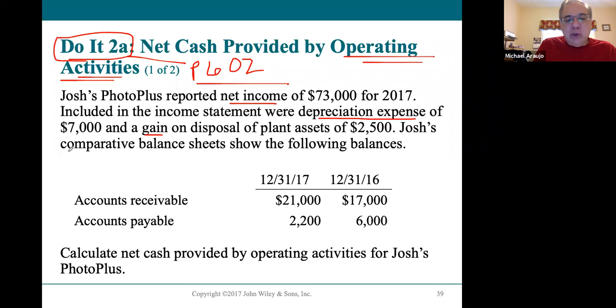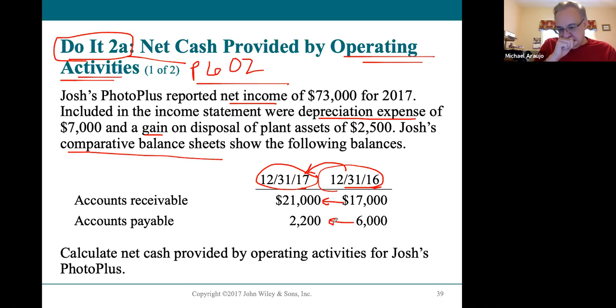$2,500. When you look at the comparative balance sheets for 2016 and 2017, you have to calculate the differences, or the changes from the base year to the most recent year. Here you'll see accounts receivable increased by $3,000, and accounts payable decreased by $3,800.